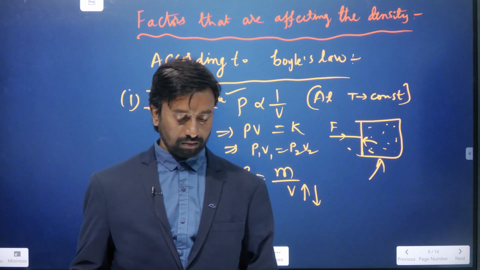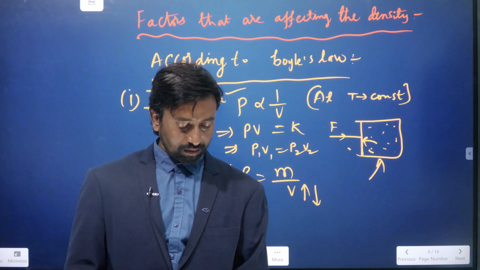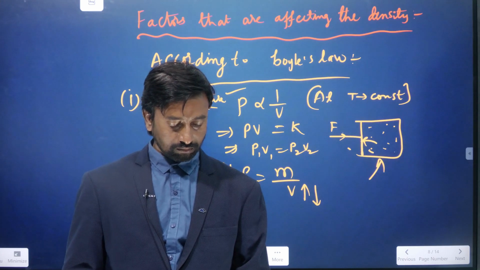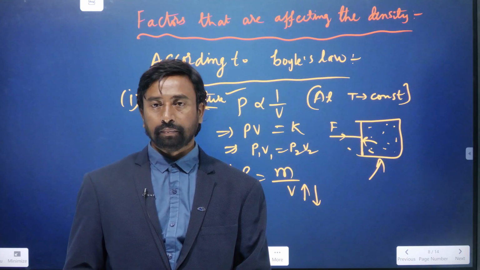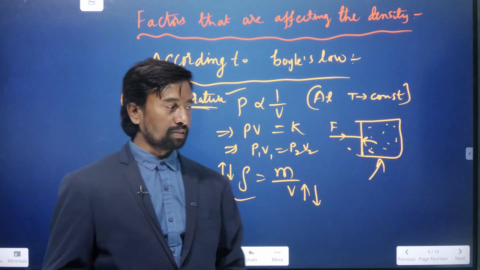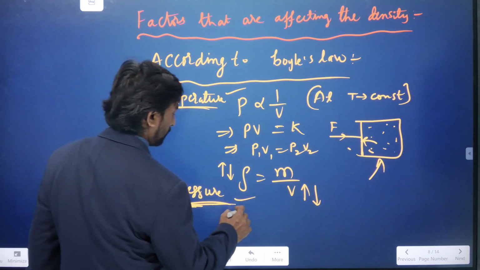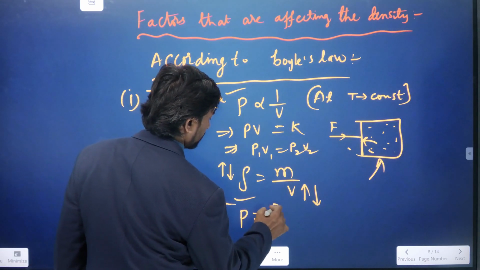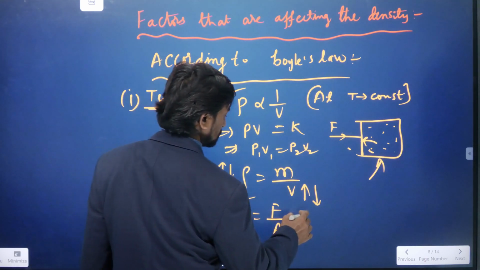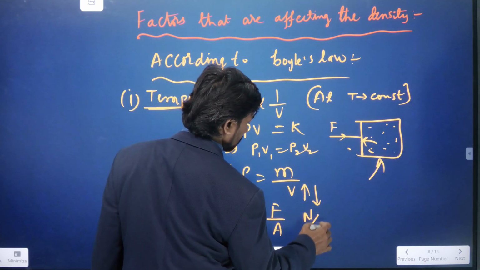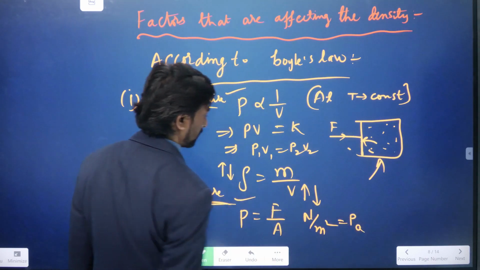Now the relation between Pascal and Newton per meter square: the pressure formula we already know, F by A. F is nothing but Newton, so Newton per meter square is nothing but Pascal.